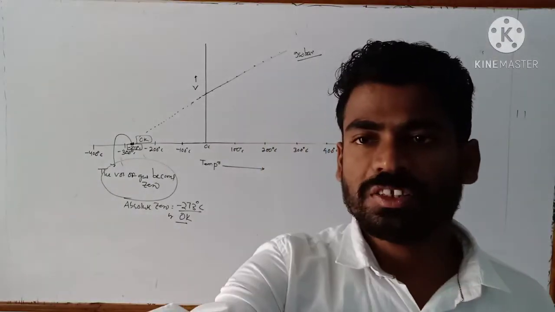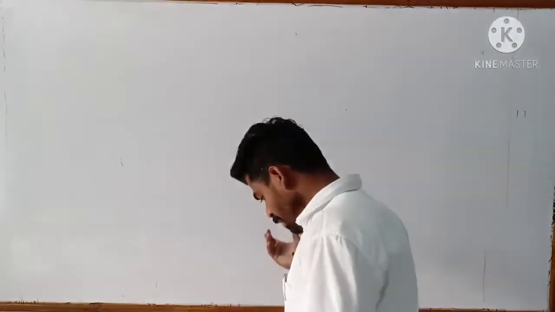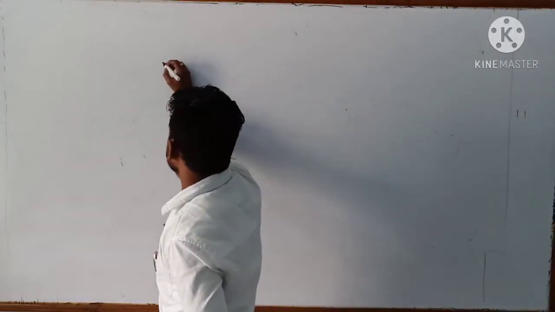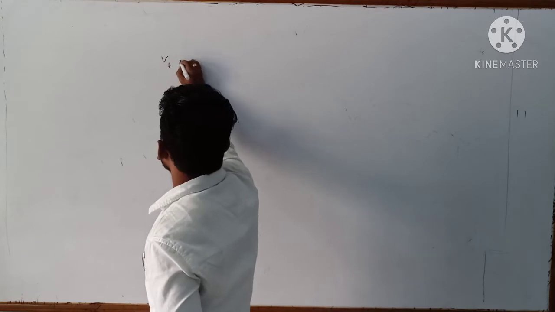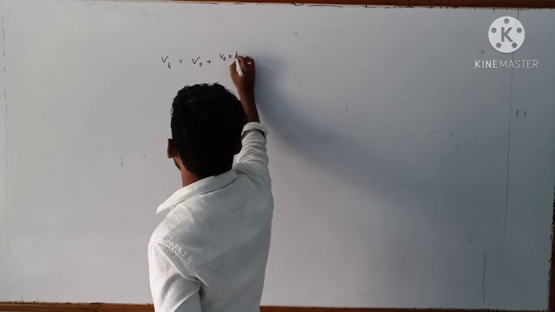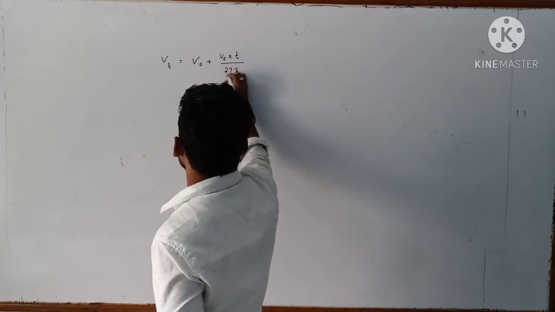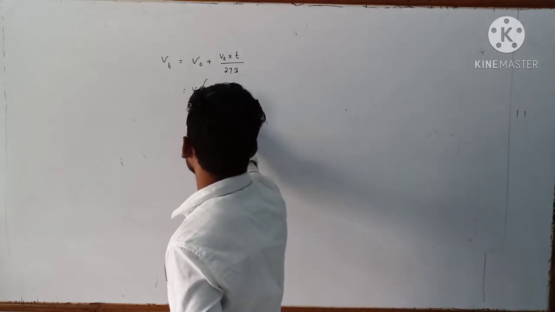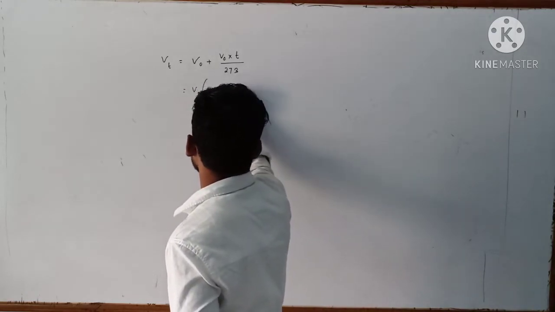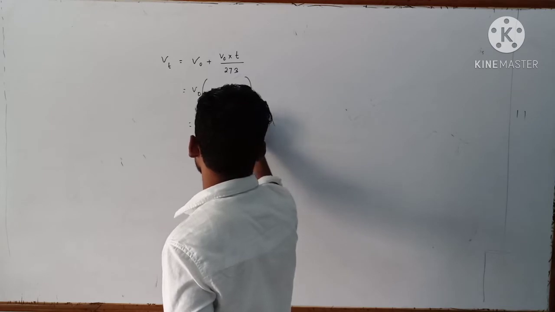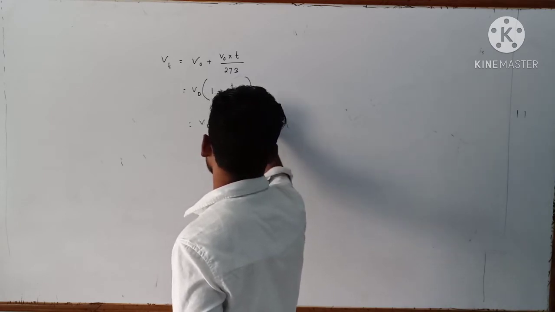Now let us explain. If you remember the derivation that I have just done, we have got Vt equal to V naught plus V naught into T upon 273. I can write this as V naught into 1 plus T upon 273, and again as V naught into 273 plus T upon 273.